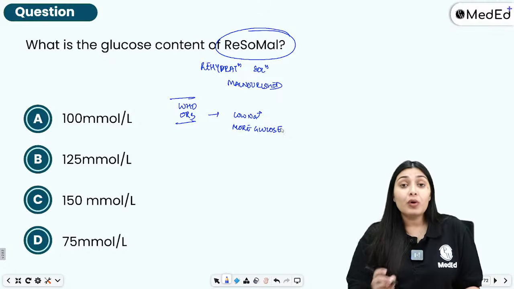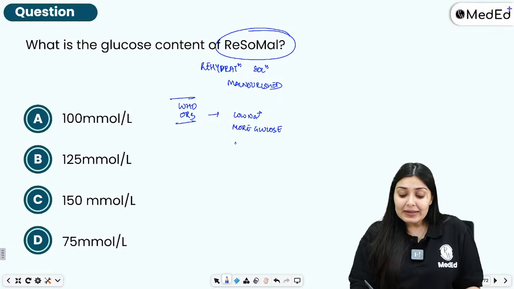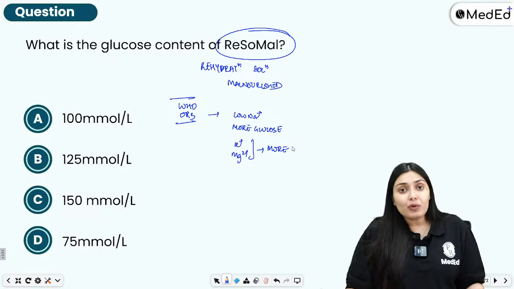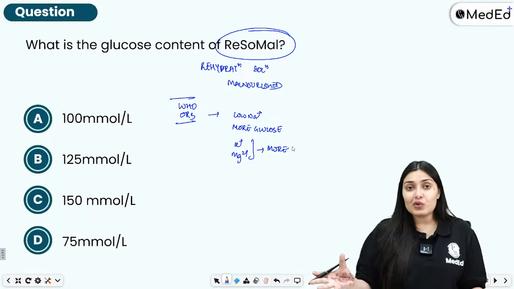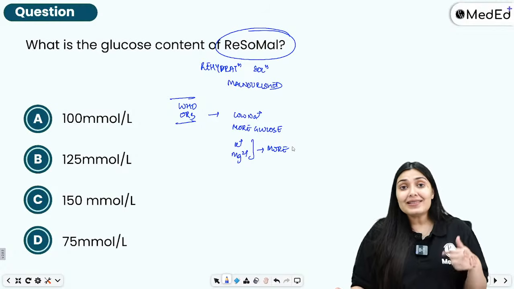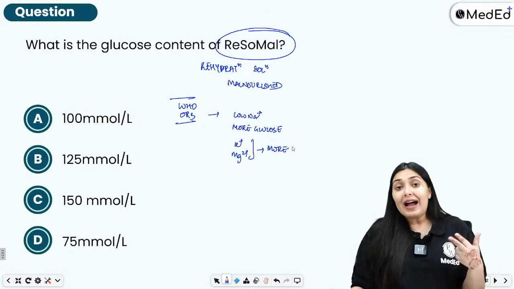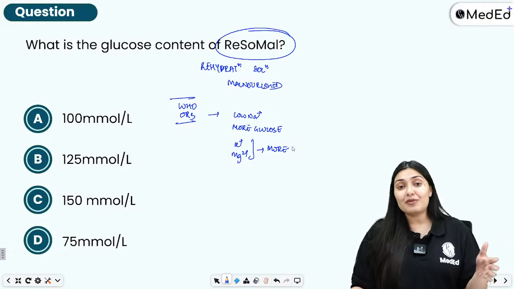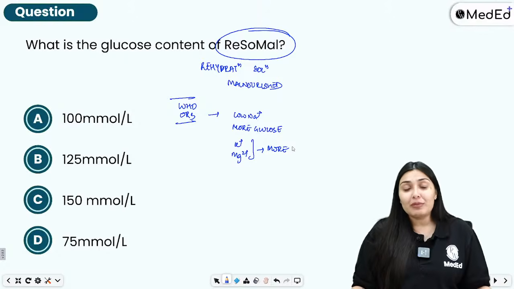And also, in malnourished children, there is potassium and magnesium deficiency, so I also need more potassium and magnesium. So instead of ORS, we give this modified solution, that is Risomol, which has low sodium, high glucose, high potassium, and higher magnesium as compared to your normal WHO ORS.